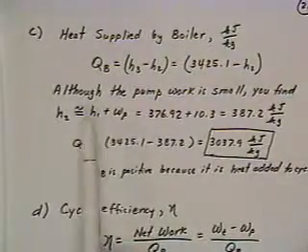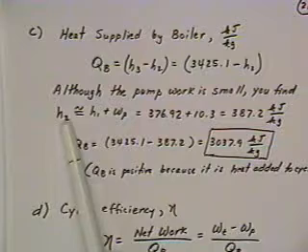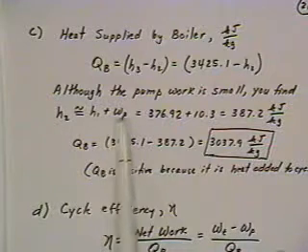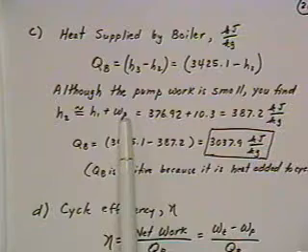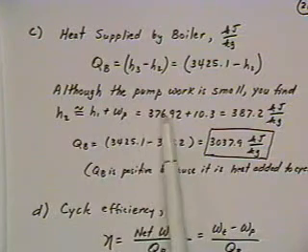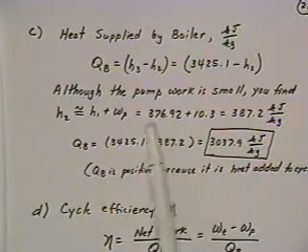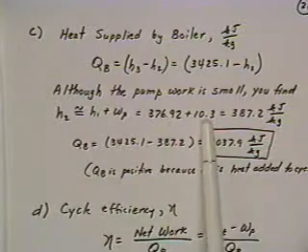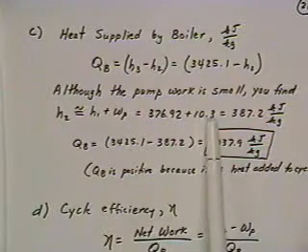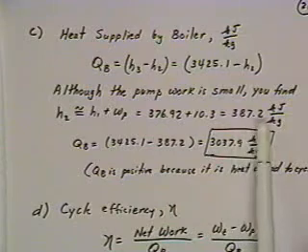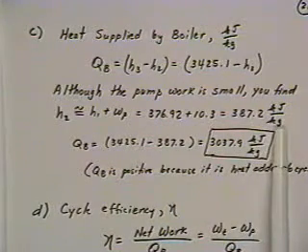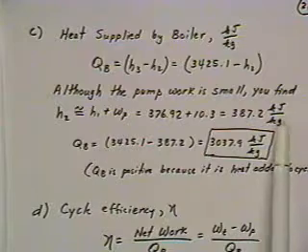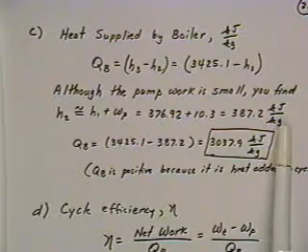Even though the pump work is small, the enthalpy at state 2 is approximately equal to the enthalpy at 1 plus the amount of energy that was put into the fluid by the pump. And so 376.92 is the enthalpy at state 1, 10.3 is the work put in by the pump, and so that's 387.2 kilojoules per kilogram is the amount of energy that is actually at state 2, or its enthalpy at state 2.